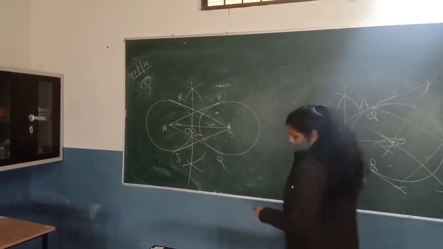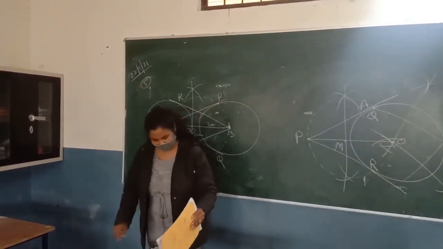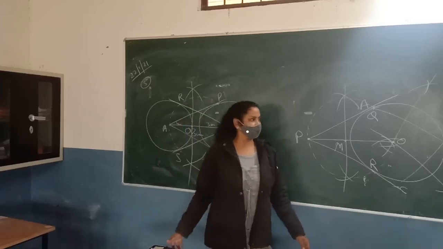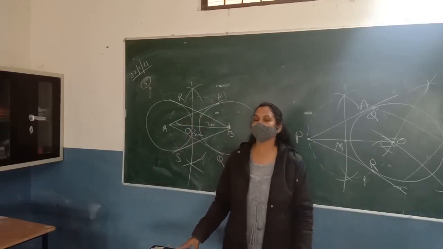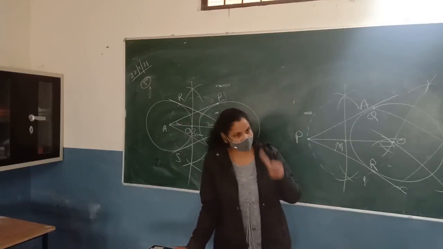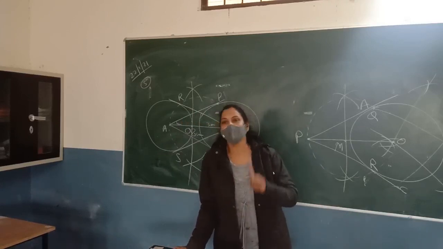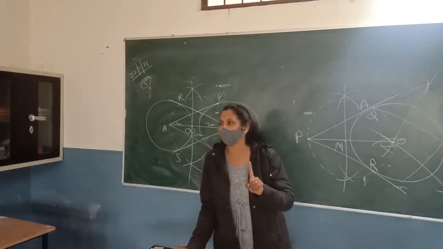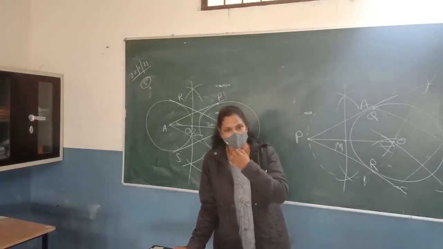So now we have completed the construction chapter, chapter 11. Now we will start the revision of the chapters. First of all, we will revise the most important chapter, that is mensuration, surface area and volume.